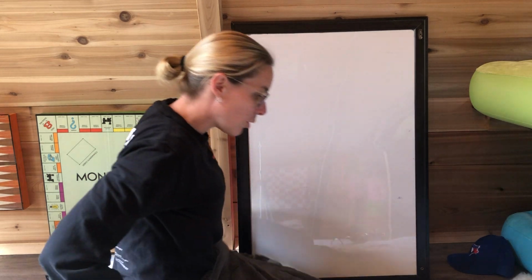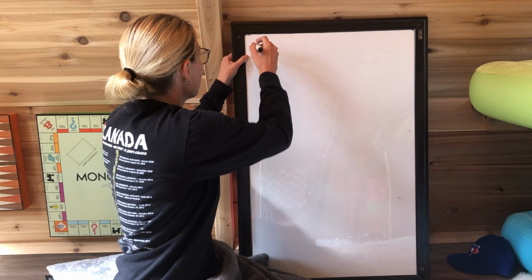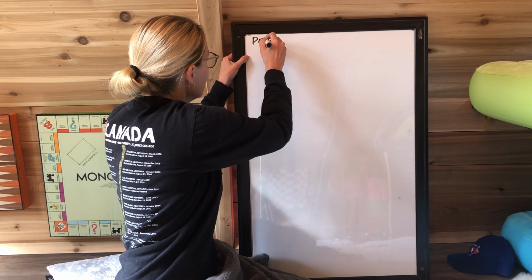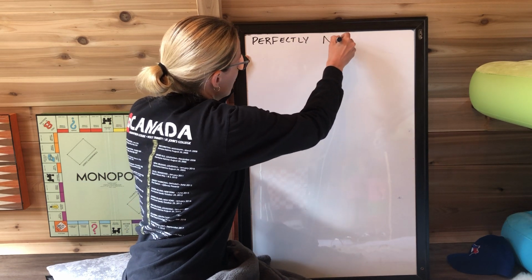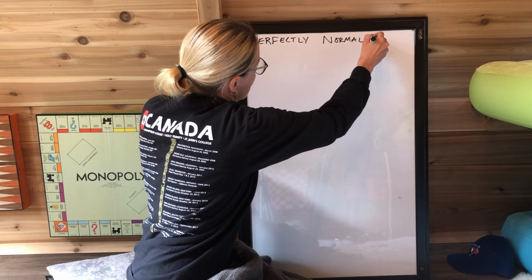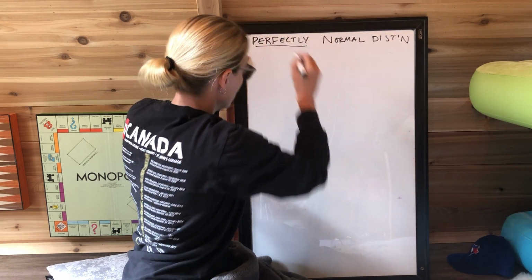The main thing I want to do, and this is going to be the most important slide that we have: perfectly normal distribution. And this is the thing, perfectly normal distribution.